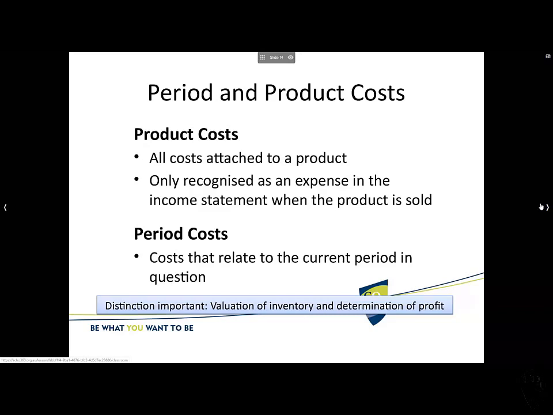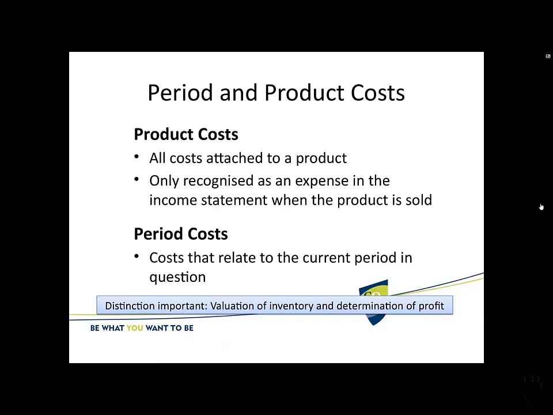Now, this distinction between product costs and period costs is important, for example, for the valuation of inventory and the determination of profit each period. If we decide to put a cost into period costs rather than product costs, then our value of inventory will be less. We'll have less of the costs as assets in inventory, and vice versa.